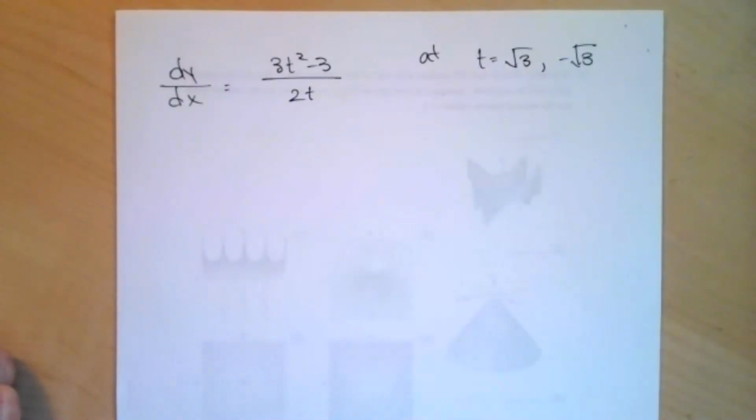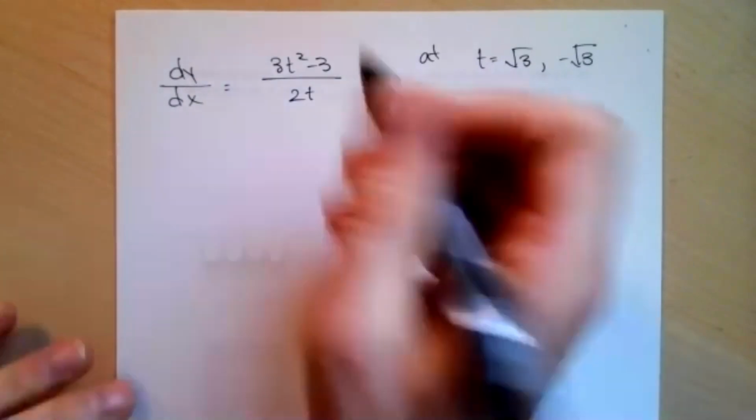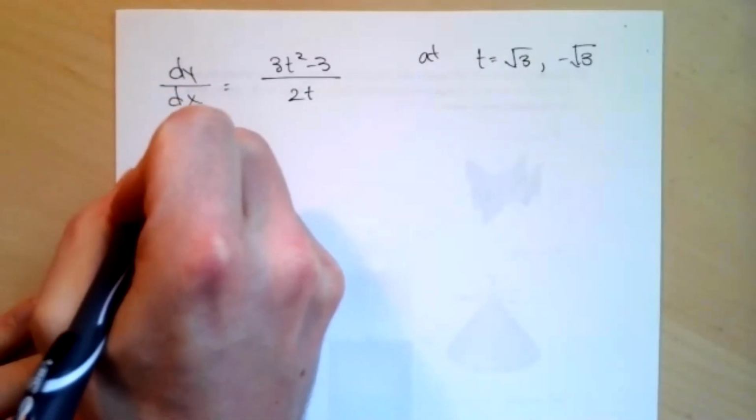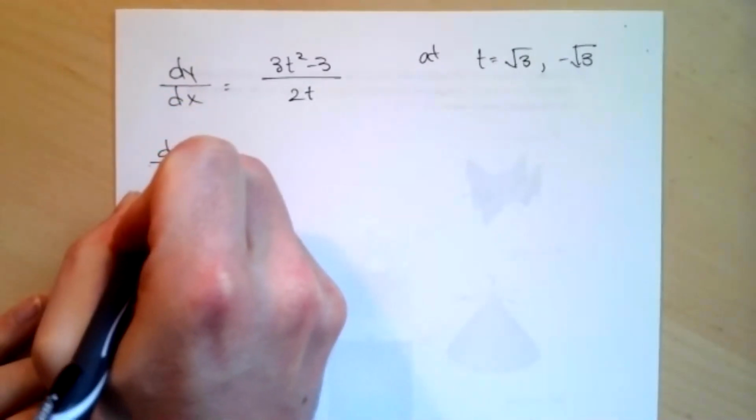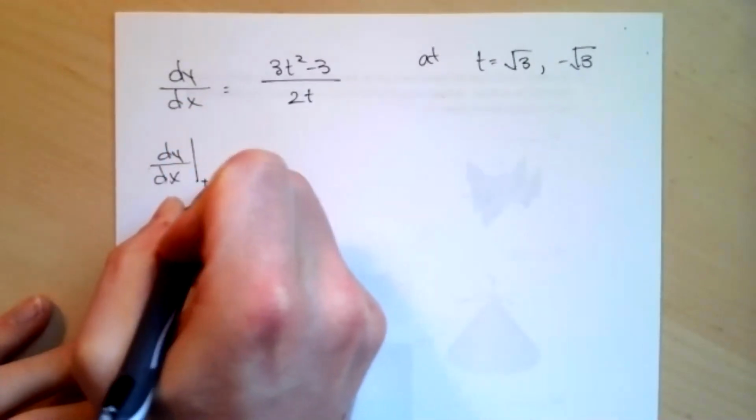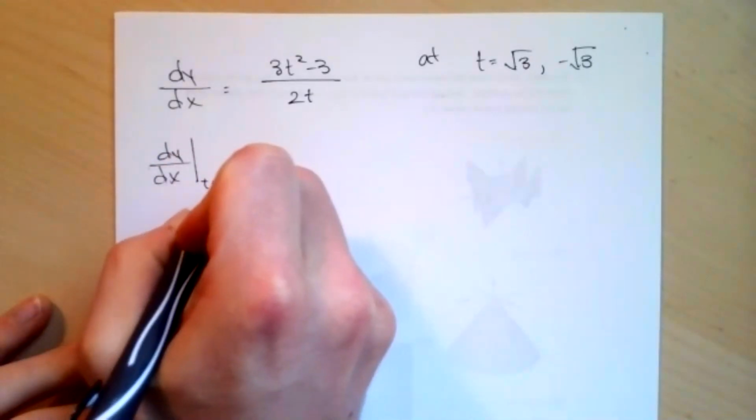So all we've got to do is plug in those times to find the slopes of the tangent lines. So dy/dx evaluated at t equals square root of 3.